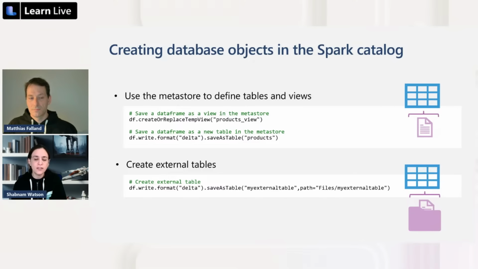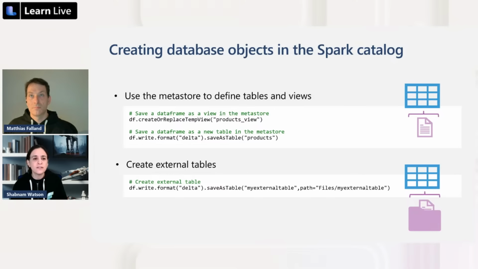So when you write a data frame to the table section of a Lakehouse, you are creating what's called a managed table. It means that Spark has the definition and the actual data is also in the Lakehouse, in your workspace. But when you create an external table, it's only the definition of it that is in the catalog, and the actual data is sitting somewhere else.